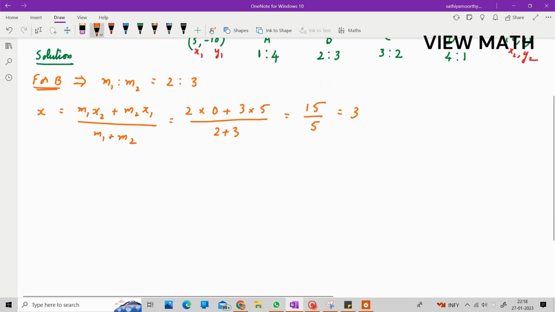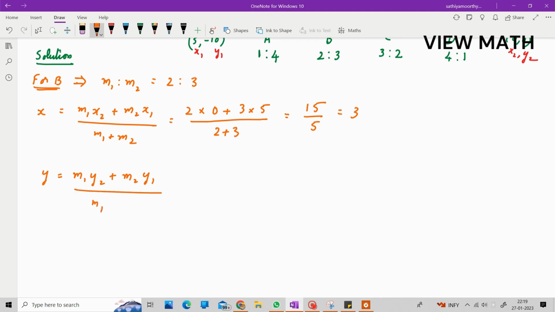Next, let me find the Y coordinate. Y is equal to (M1 Y2 plus M2 Y1) by (M1 plus M2). Substituting, M1 is 2, Y2 is 0, plus M2 is 3, Y1 is minus 10, divided by M1 plus M2.